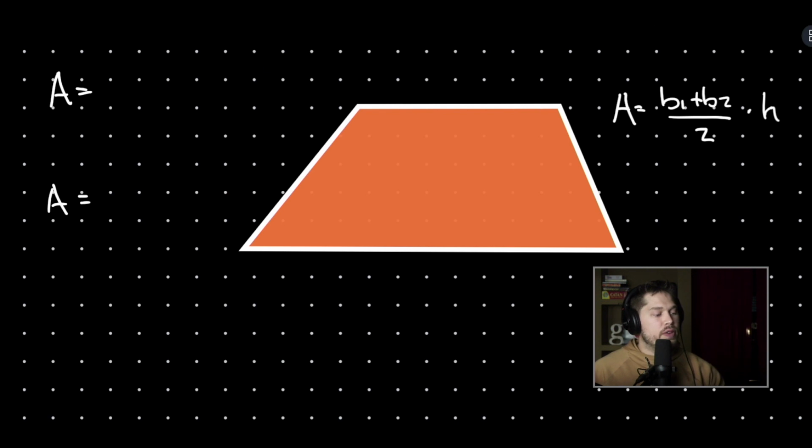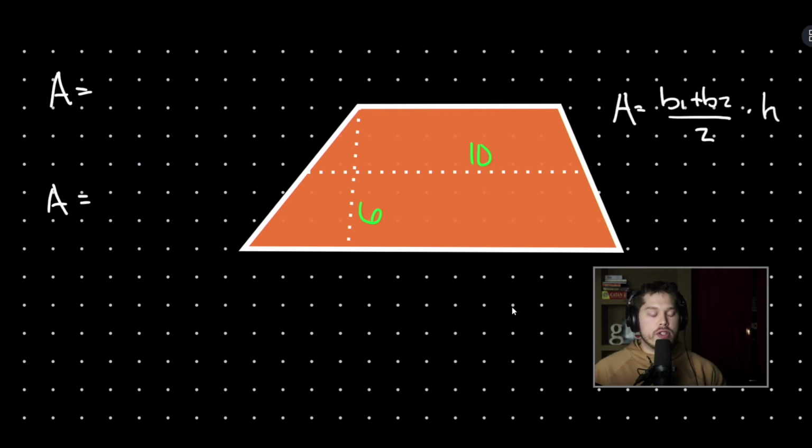What if the trapezoid doesn't give you either of the bases, but it gives you this mid-segment length and the height? What if it says this mid-segment length is 10 and the height is 6? What would our area be?